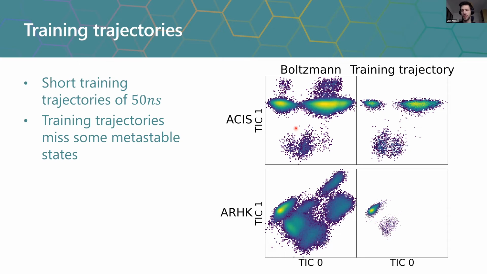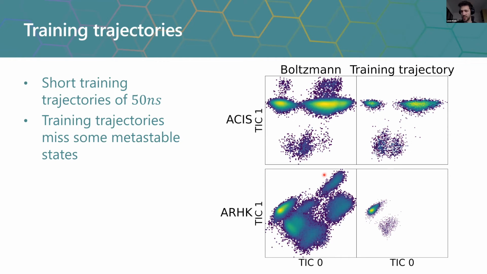Just to say that the TICA projection matrix is always learned on the MD trajectory, the exact reference trajectory, never based on the model. Yeah, that's an important thing. You take the whole 50 nanoseconds of MD, and then compute the TICAs from there. Sorry, this was what Andrew meant. So we are always computing the TICA projection based on the long MD trajectory.